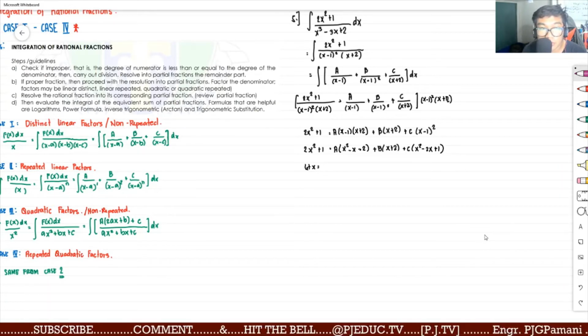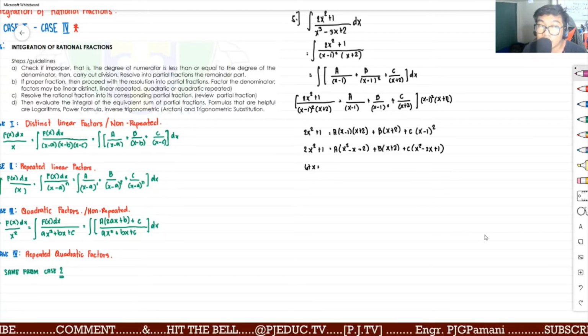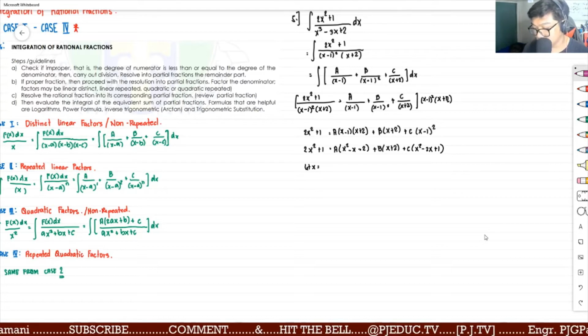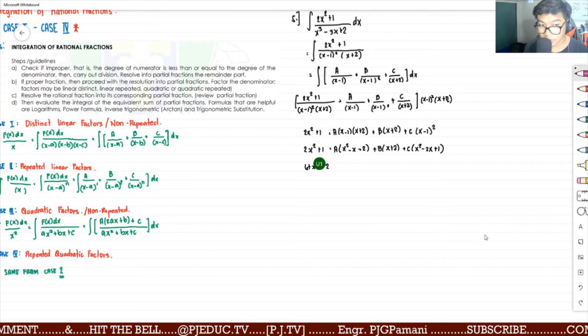Ano pwede natin gamitin? Positive 2, negative 2. Positive 1, negative 1. Negative 2 po. So, pag negative 2, negative 2 plus 2, 0. Yun. So, let us try to solve using negative 2.